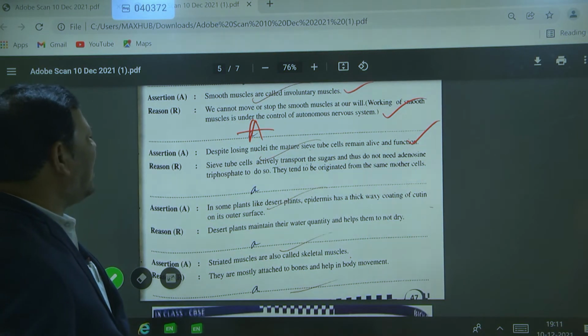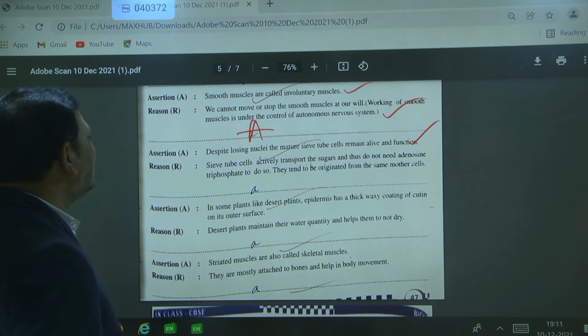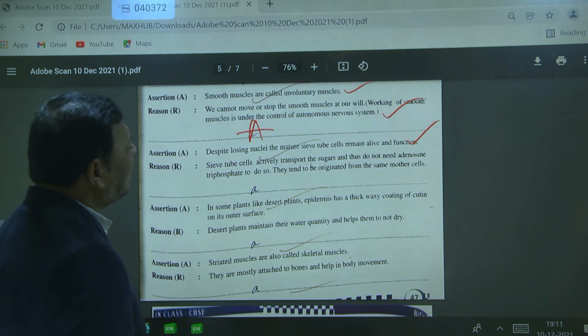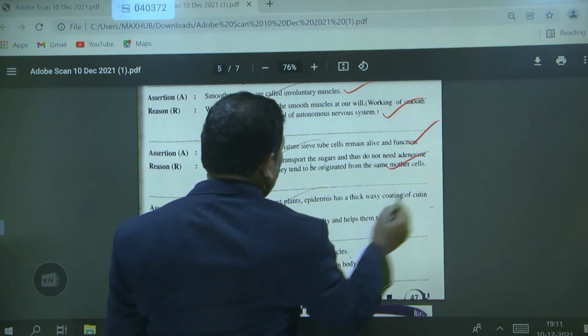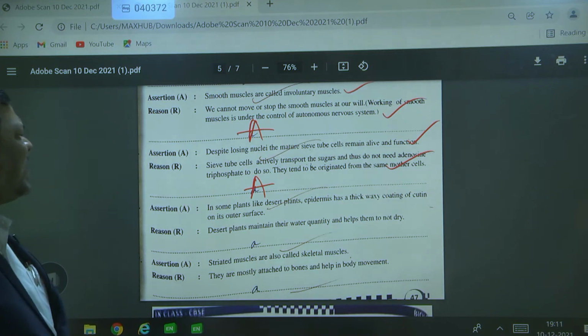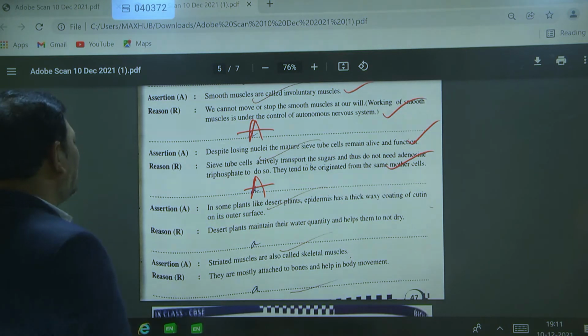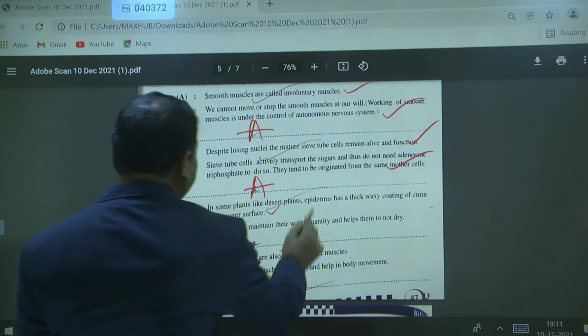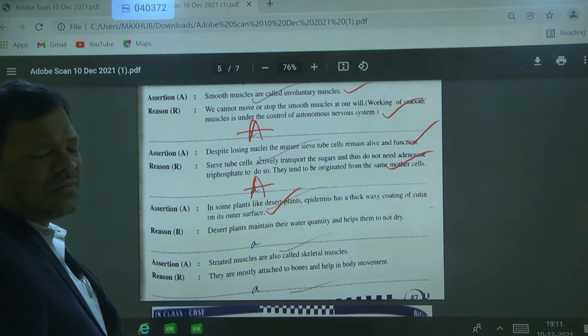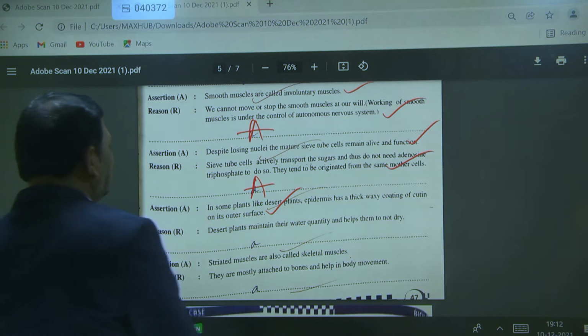Sieve tube cells actively transport sugar and thus do need adenosine triphosphate to do so. They tend to originate from the same mother cell. In some plants like desert plants, the epidermis has a thick waxy coating of cutin on its outer surface. True. Desert plants maintain their water quantity and this helps them not to dry.